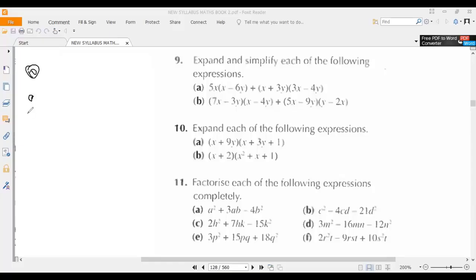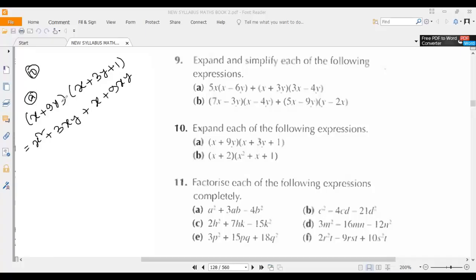So A, x plus 9y into x plus 3y plus 1. So at first we will multiply x by all of these three terms. So x into x, x square, plus x into 3y, 3xy, plus x into 1, x, plus 9y into x, 9xy, plus 9 threes are 27y square, plus 9y into 1, 9y.